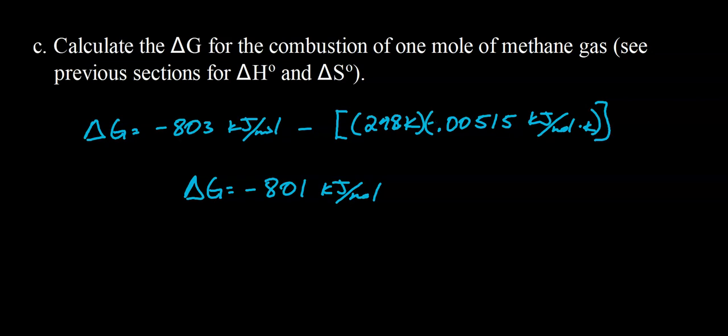Hold on one sec. Sorry, this is negative there. I didn't have a negative at first. So minus T delta S. So minus a minus is going to end up being a plus. So negative 803 plus about 1.4 something, and we end up with a value for delta G of negative 801 kilojoules per mole.